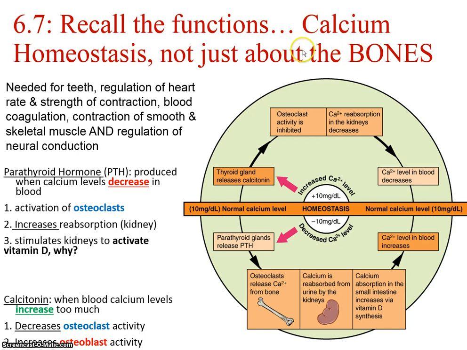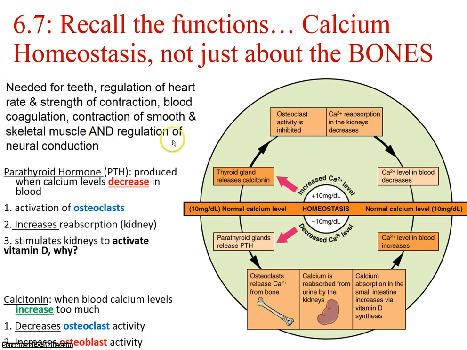So it turns out calcium isn't just for the bones. It does a lot for us. We need it for bone, but it also helps us with neuromuscular function. It regulates heart rate, the strength of contraction of cardiac muscle, clotting of blood, contraction of smooth and skeletal muscle as well as cardiac, and regulation of neural conduction that we'll see later on when we talk about the nervous system.